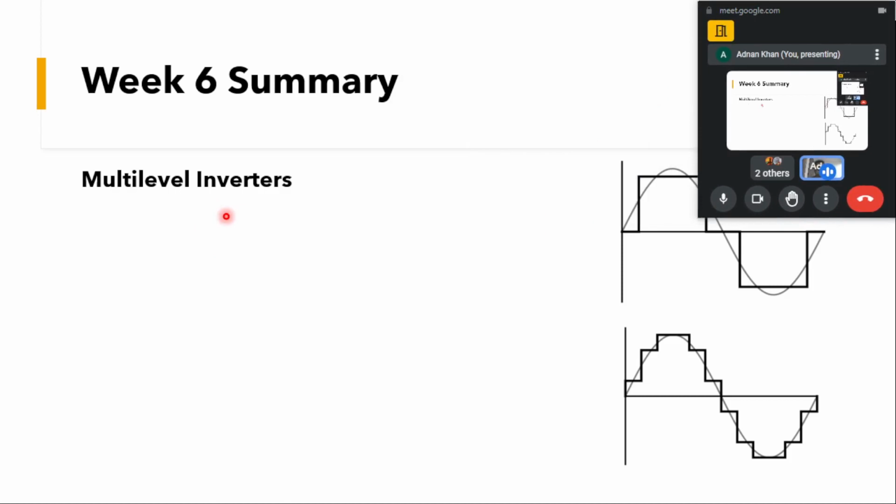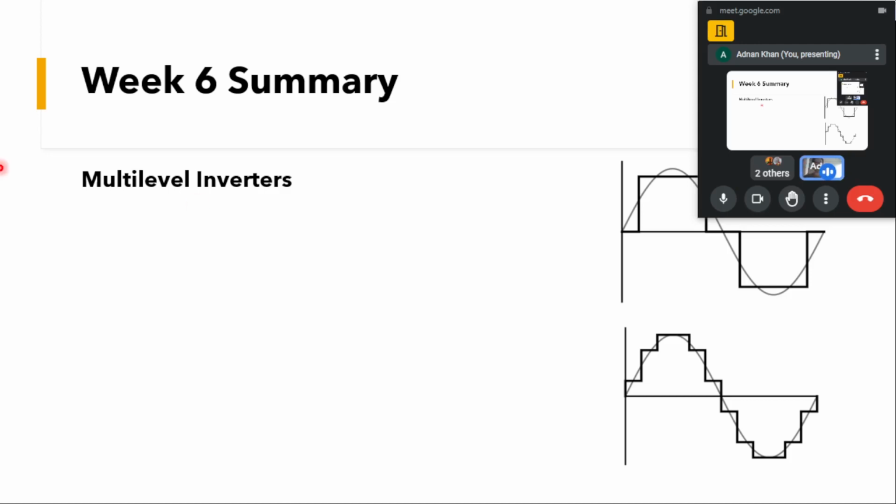We want more levels so that we can generate a waveform that is closer to the sine wave. But this is not as simple. We can generate a number of levels, but with the increase in levels, the complexity of the topology increases.